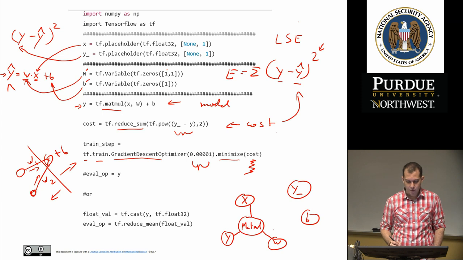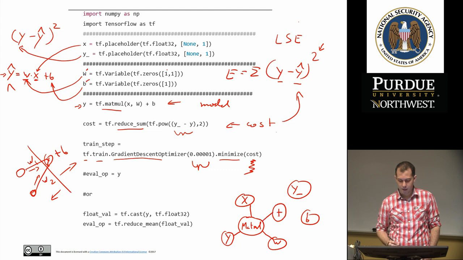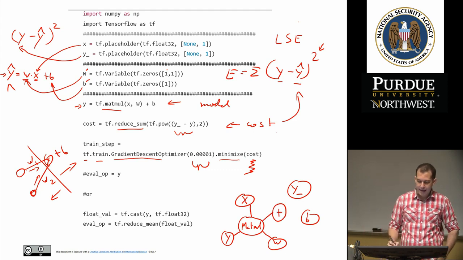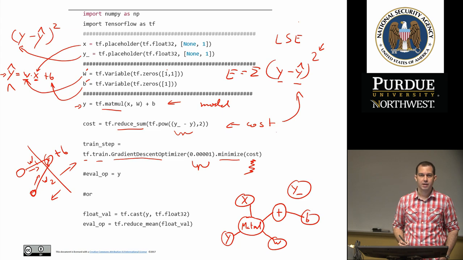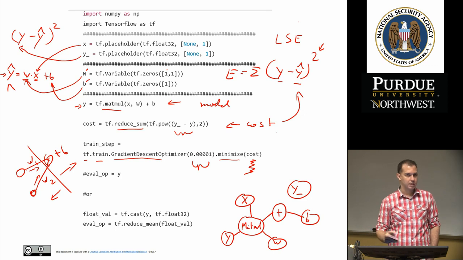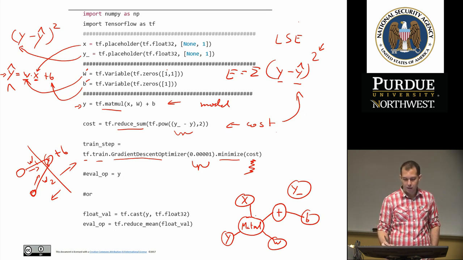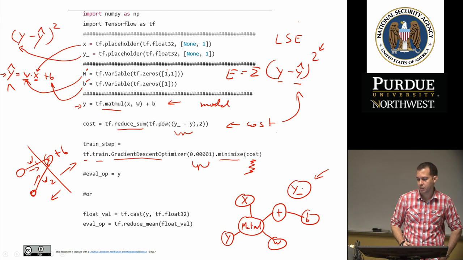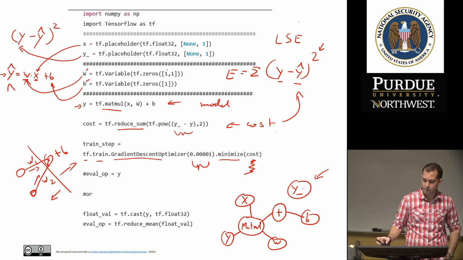And then the result of the mat mul is then added with the bias. So whereas before we had a whole bunch of elements that were kind of separate, now all of these elements are put together in a graph. And the only element we have that's not part of the graph is that y.